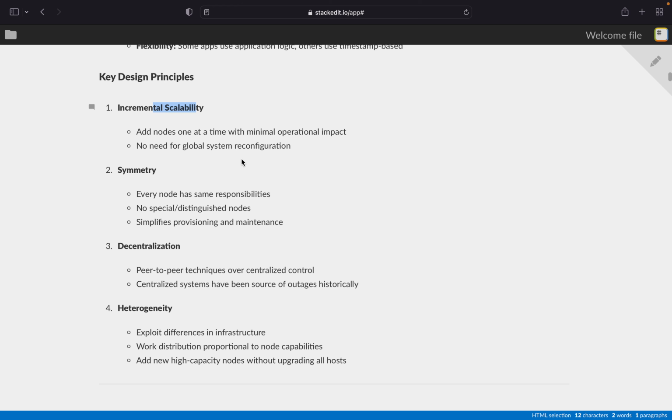And if we talk about symmetry, the second point in the design, it needed all the nodes to have the same responsibility, and no node should have a special responsibility.